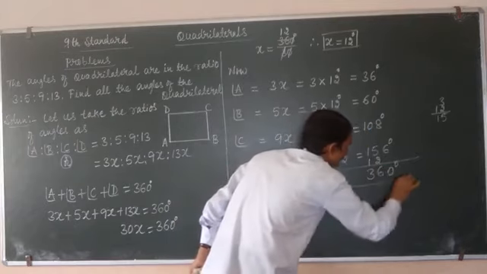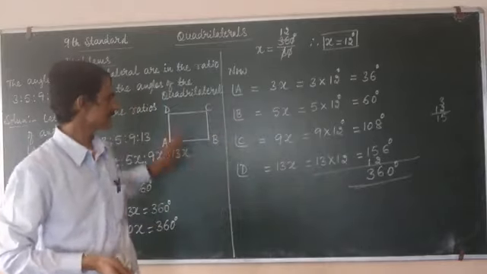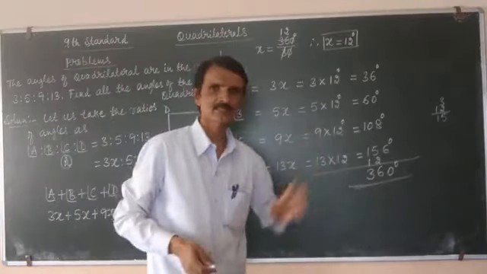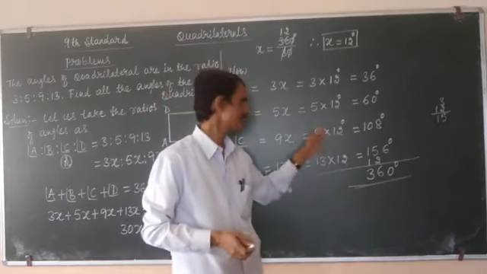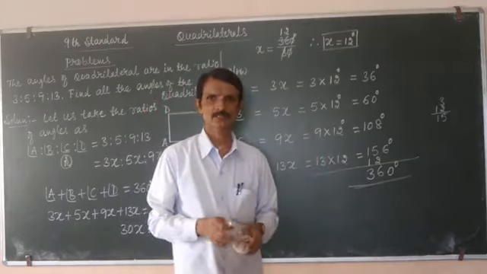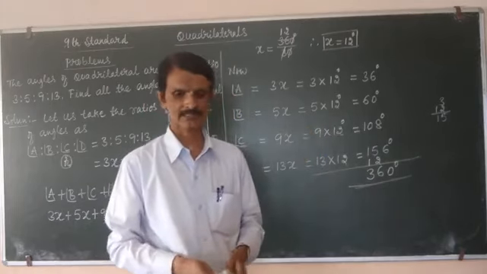Therefore the sum of all the four angles of the given quadrilateral is equal to 360 degree. This way we can confirm the values of the interior angles of the quadrilateral.